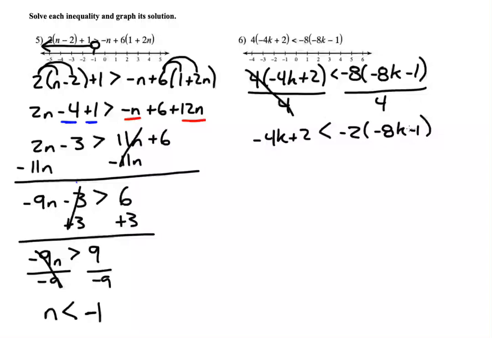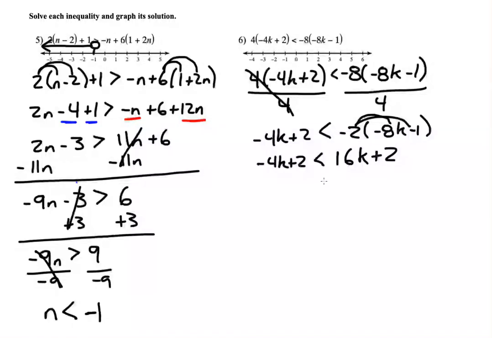Now I have to distribute, so negative 4k plus 2 is less than, distribute, negative 2 times negative 8. A negative times a negative is a positive, and 2 times 8 is 16. So 16k, and now I have to take the negative 2 times the negative 1. A negative times a negative is a positive, and 2 times 1 is 2.